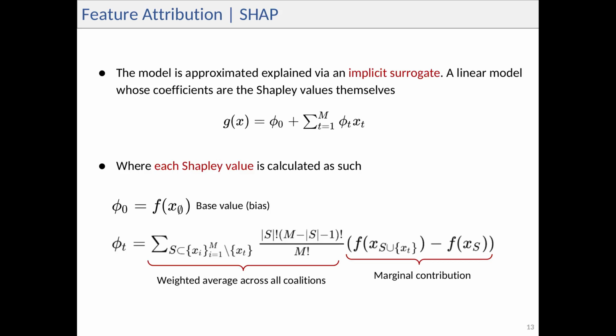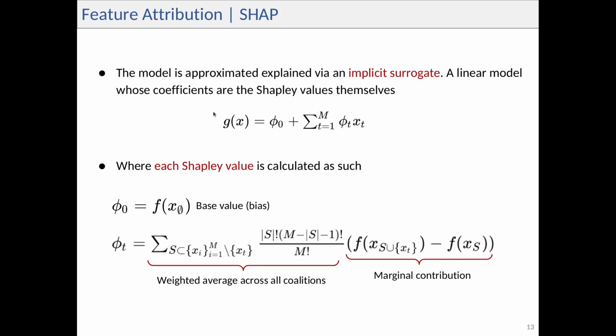And then we add the feature xt, and we take this difference. And this is literally the marginal contribution, aka how much the prediction changes when I also insert the feature xt. And this is exactly how the feature attribution score is calculated for each input feature.